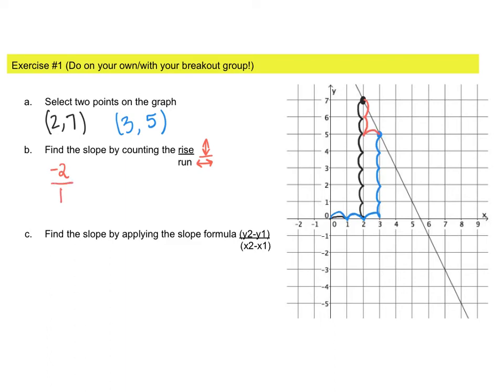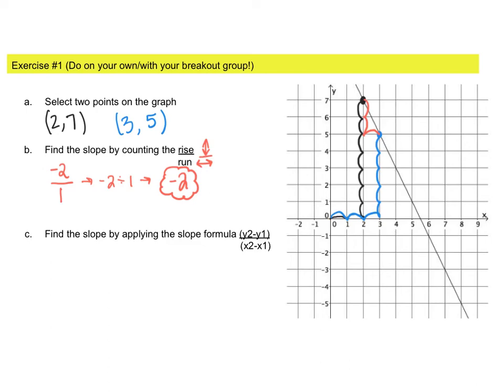Now again, if you didn't choose the same points I did, you might not have received this exact fraction, but it will reduce to this when you simplify it. So negative 2 over 1 is the same as negative 2 divided by 1, which is the same as negative 2. So no matter what 2 points you chose, you should have simplified your rise over run to find that the slope was negative 2.